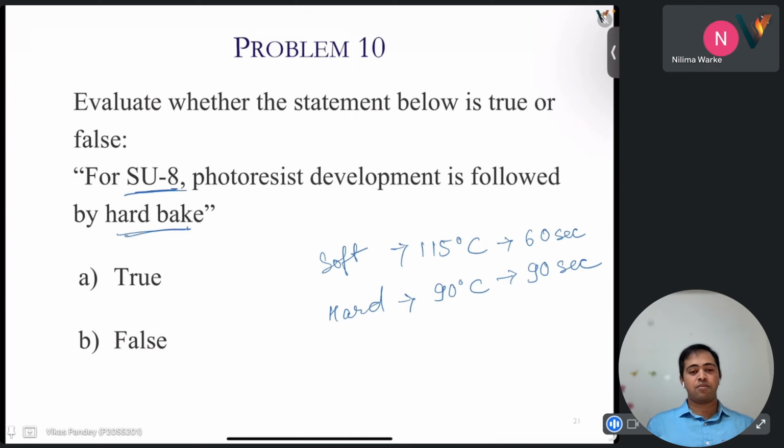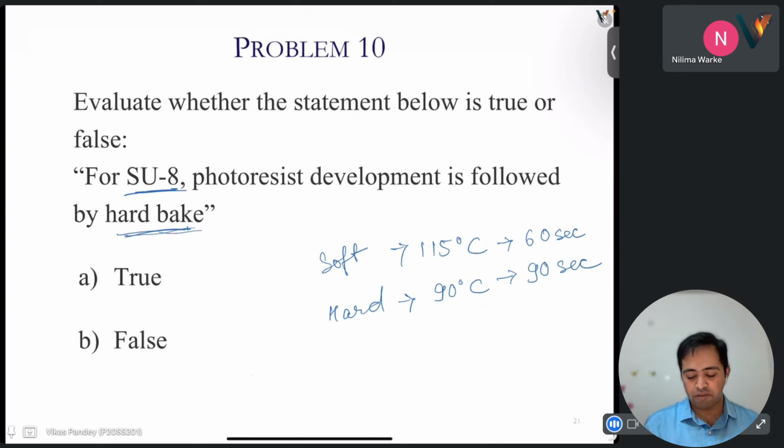Because the structure that is exposed is removed, right? So hard bake actually makes it easy to remove.